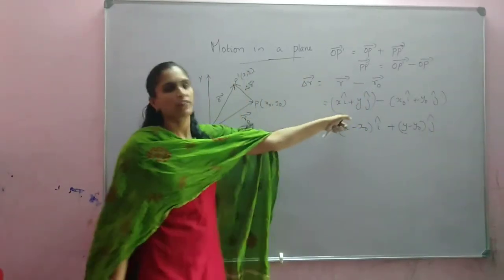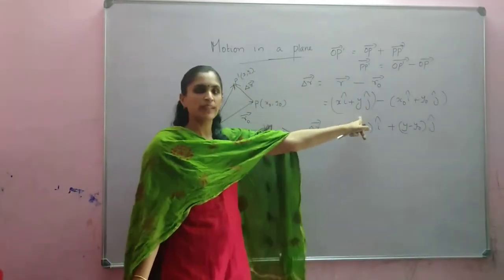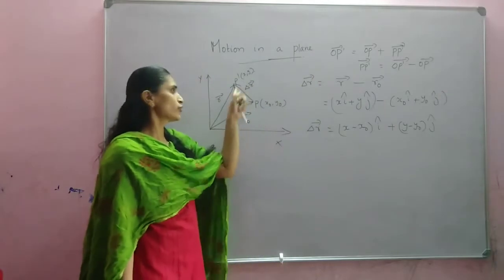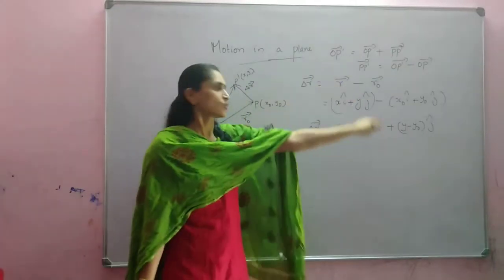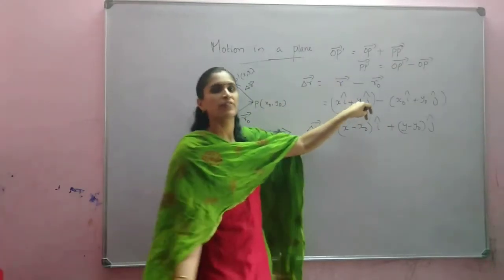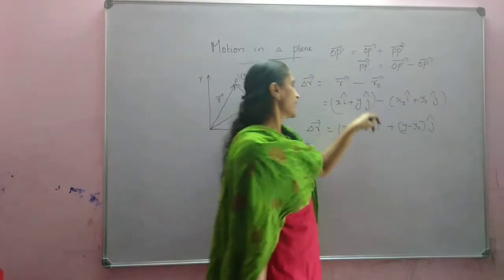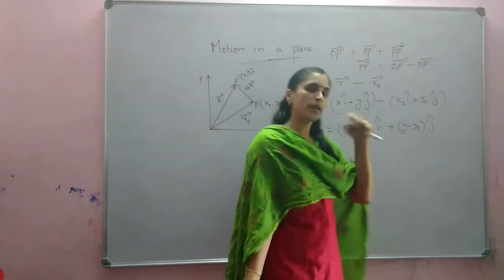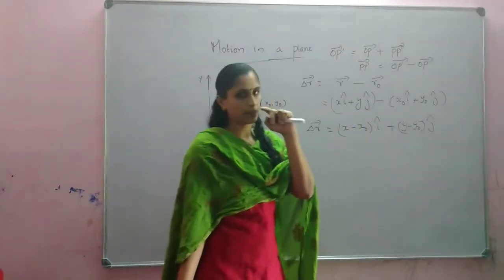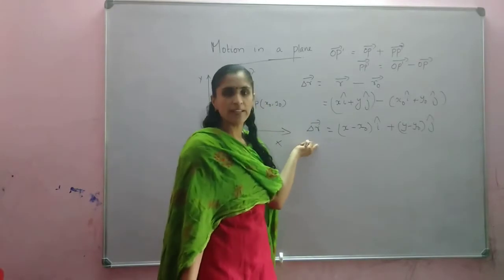This is clear to everyone. Now how are we getting x i plus y j? We are representing both vectors in component form, so we get rectangular components. We will get (x minus x0) i cap plus (y minus y0) j cap. So this is the displacement vector.